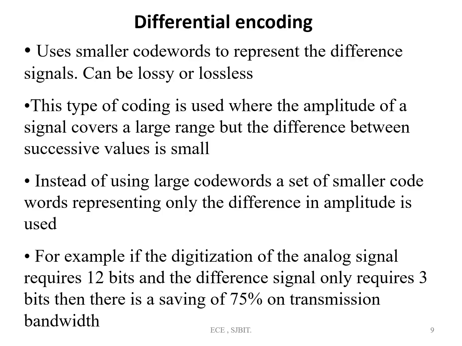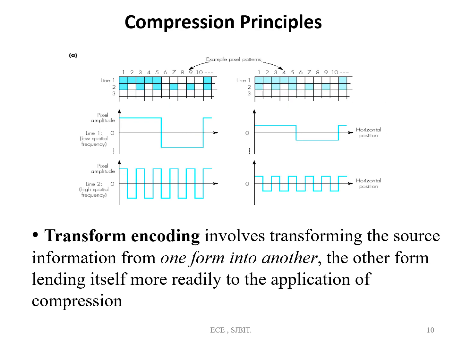So instead of using large code words, a set of smaller code words representing only the difference in amplitude can be utilized. For example, if the digitization of the analog signal requires 12 bits and the difference signal requires only 3 bits, then there is a saving of 75% on transmission bandwidth. So we need to select a smaller code word rather than a larger code word.